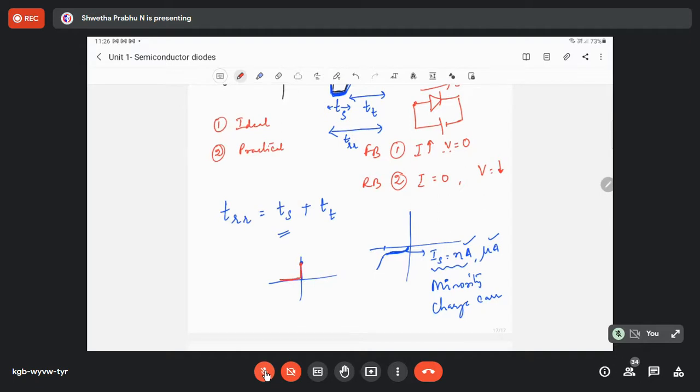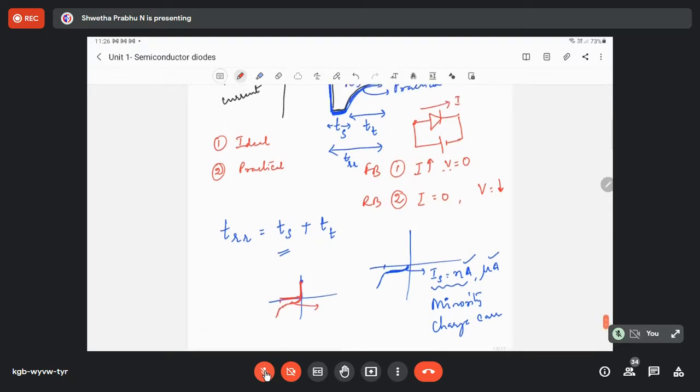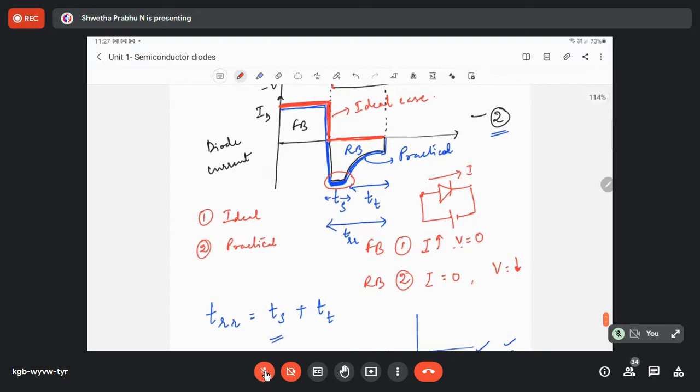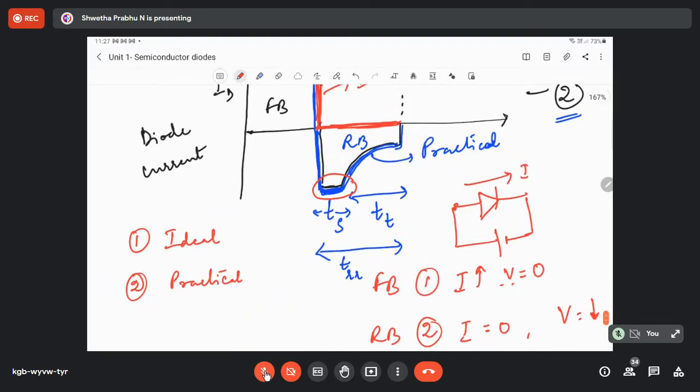But this does not happen under the practical case. We get small values of current, and once it crosses breakdown, it goes to the breakdown state. This is due to minority charge carriers, which stay here for a certain amount of time, called the storage time.